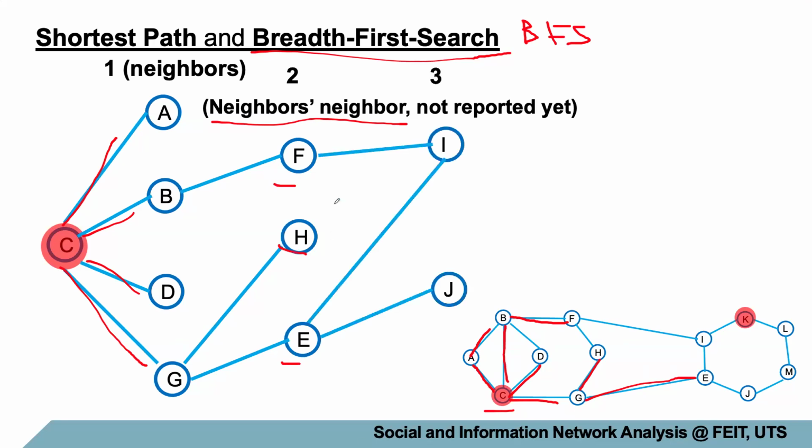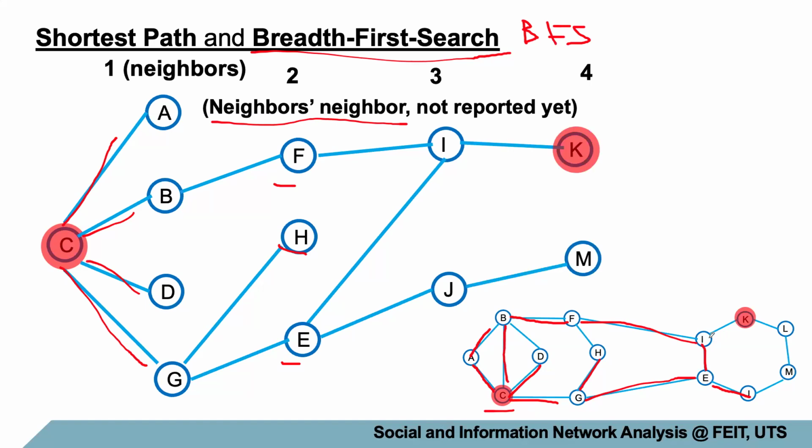If we continue from neighbors' neighbors, we go to the depth of 3, and then we have F to I, and also from H goes to F, already reported, and also E goes to I, and also goes to J. So with distance 3, we can go to I and J, and continue.